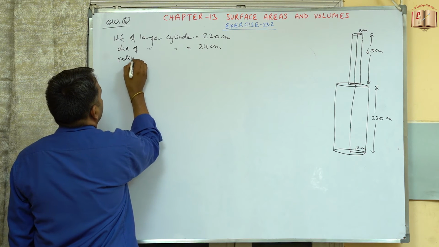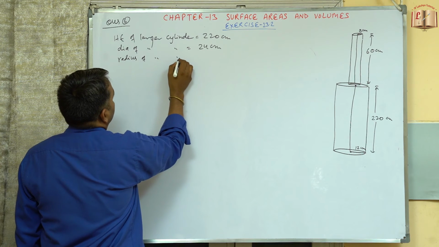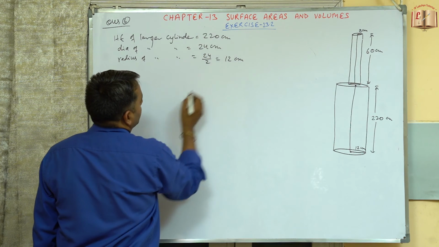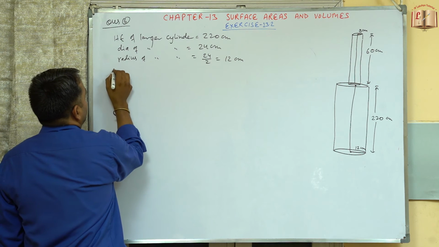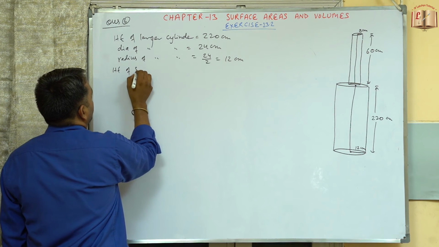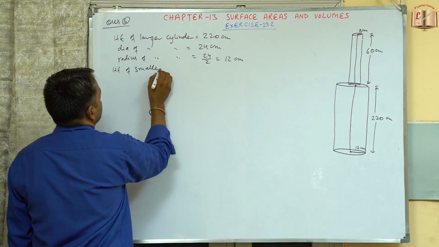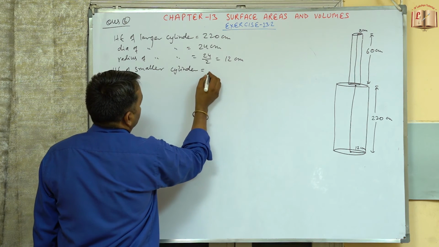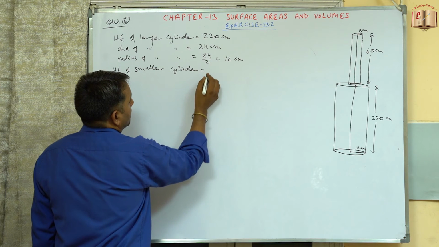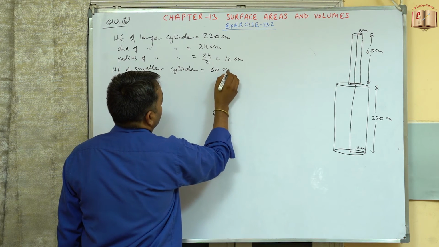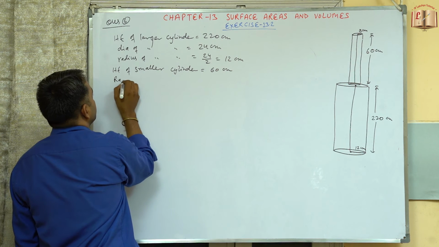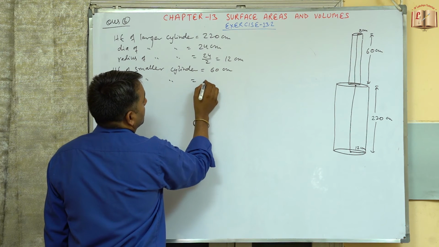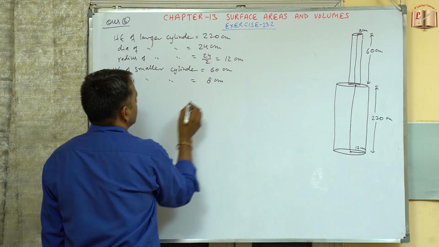So we can find out radius of larger cylinder will be 24 by 2, so this will be 12 centimeter. Again, height of a smaller cylindrical pole is 60 centimeter and radius is given. Radius of a smaller cylinder is 8 centimeter.